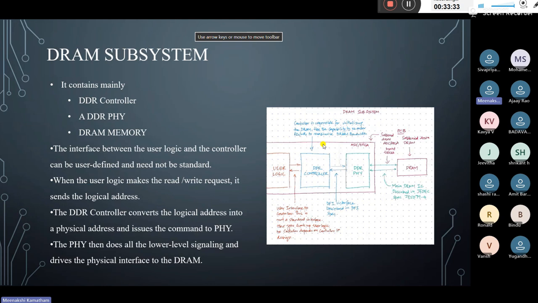DDR verification is either writing or reading operations with memories. We are not exactly buying DRAM; we take it for a particular number of months under a DRAM vendor agreement. So I think you got my point: we need to verify our DDR, not DRAM. Using DRAM we are verifying our DDR subsystem, that is the main thing.